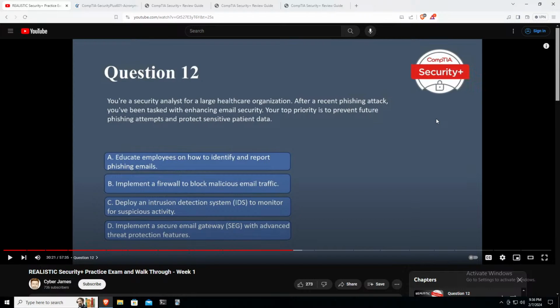Educate employees on how to identify and report phishing. Implement a firewall to block malicious email traffic. Deploy an intrusion detection system to monitor for suspicious activity. Implement a secure email gateway, SEG, with advanced threat protection features.